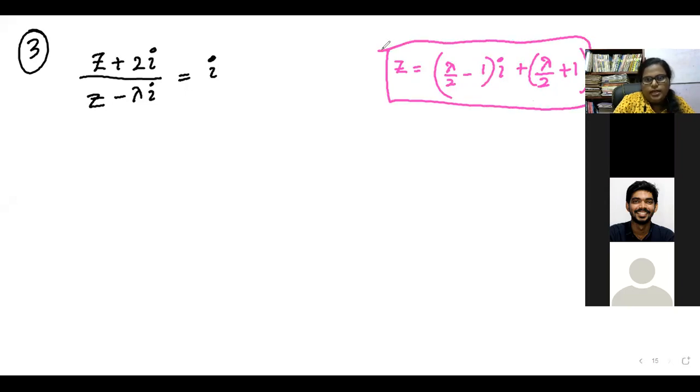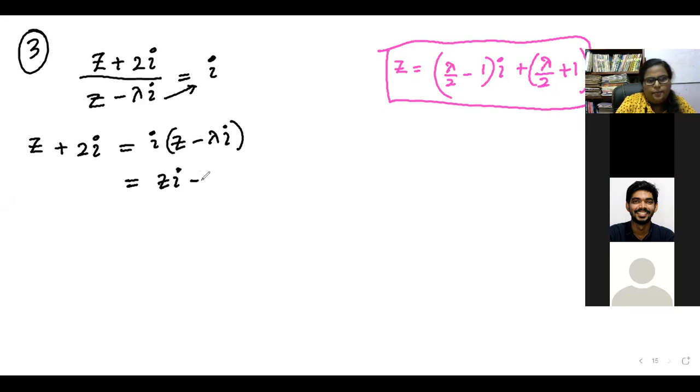So to find this z, we have to simplify this one like this. I'm going to multiply this z minus lambda i term with this i. So we can write this one as z plus 2i equals i times z minus lambda i, right? So we can remove brackets here: zi minus lambda i square, and here z plus 2i is also there.